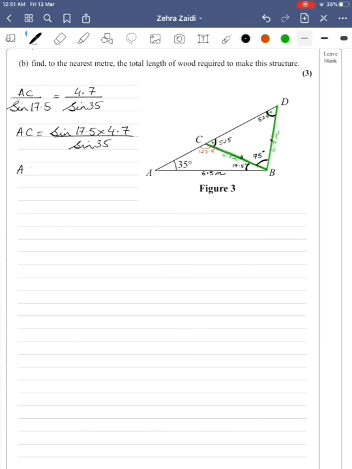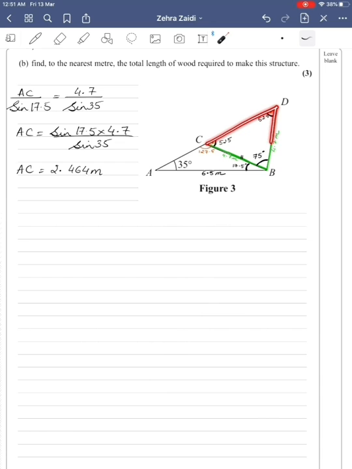Calculating on the calculator, we get the length AC is equal to 2.464 meters. Alright, now moving on to the other missing length, which is CD.